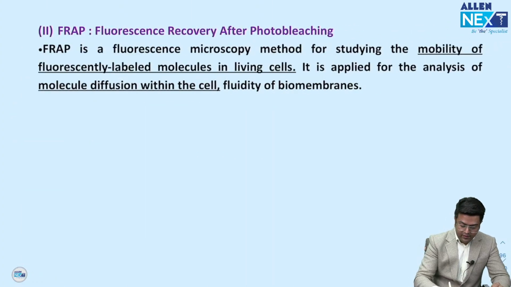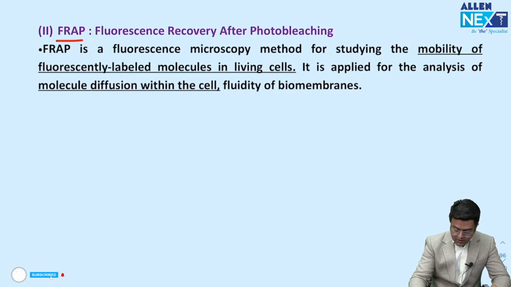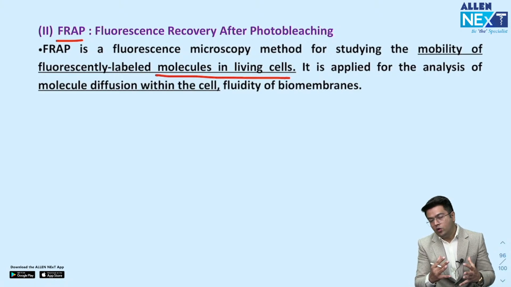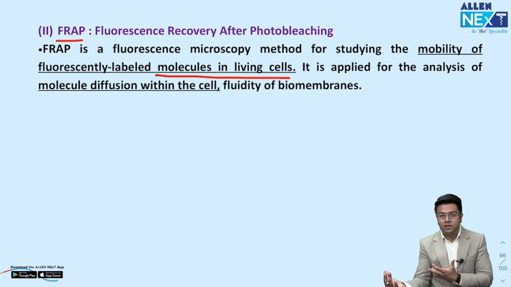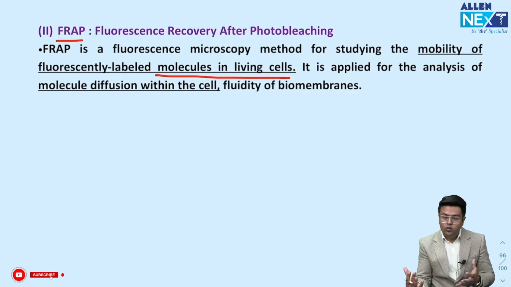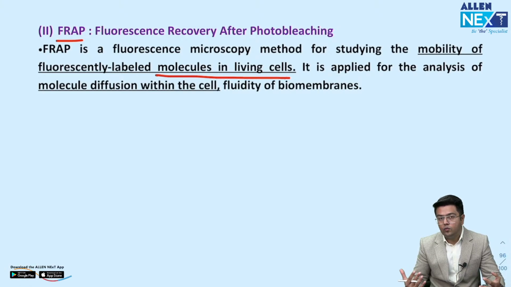Then we are starting with the F for FRET, F for FRAP, fluorescence recovery after photobleaching. So guys, this is giving us the mobility of the molecules in the living cell. Like, you know how the molecules are moving, let's say from the cytoplasm to the mitochondria, for example. So that we can study using fluorescence recovery after photobleaching.